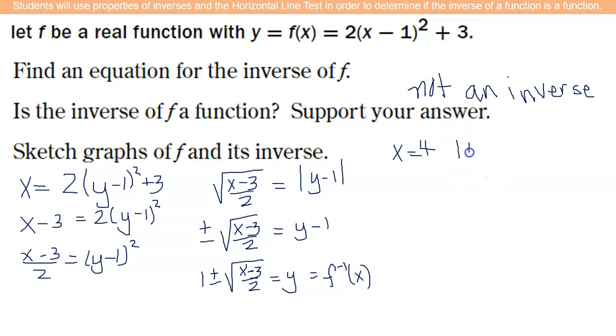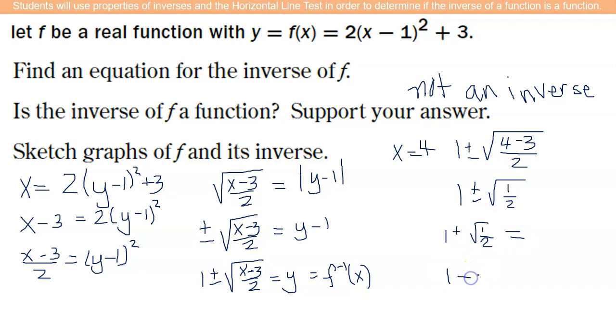So I would have 1 plus or minus the square root of (4 minus 3) divided by 2, which is 1 plus or minus the square root of 1/2. So I do it once with plus, so I have 1 plus the square root of 1/2. And then I do it once with 1 minus the square root of 1/2.